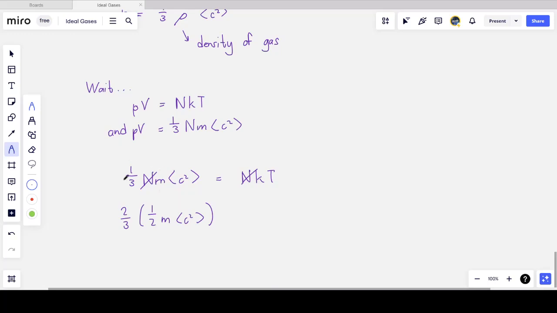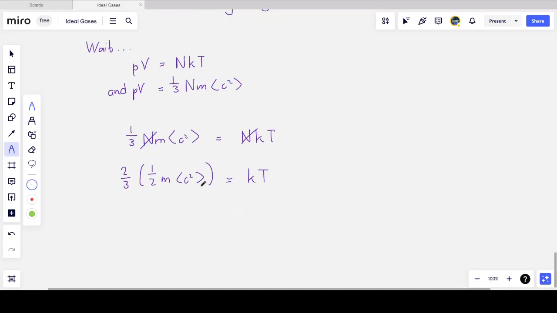2/3 times a half is a 1/3, so I return the same fraction as I do above, and this is equal to kT. But if I look at the bracket specifically, a half m times the average value of the square speed is actually going to give me the average kinetic energy of the molecules.